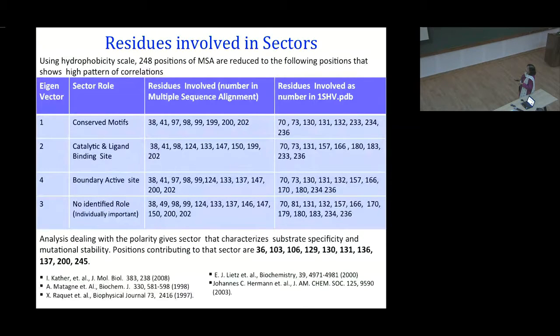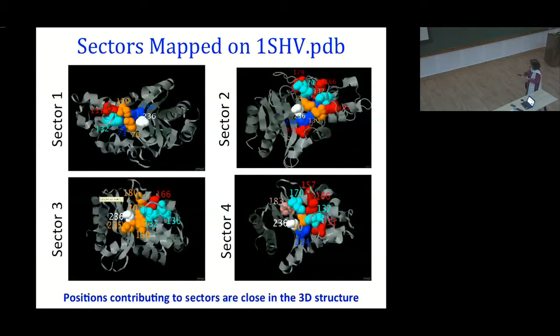There are some other eigenvectors which don't have identifiable roles. And I'll show you this figure in which this is actually the protein in which the sites are labeled, and you see that they are very close in 3D.